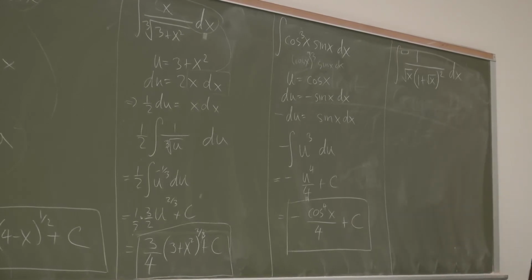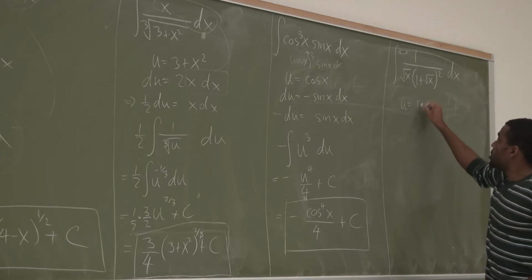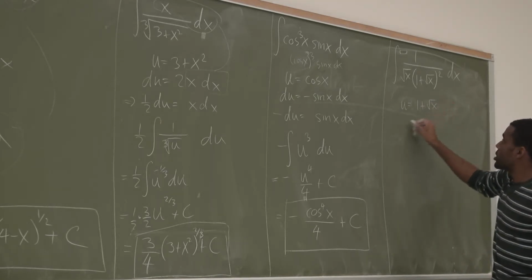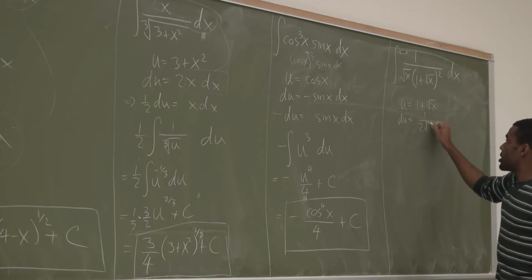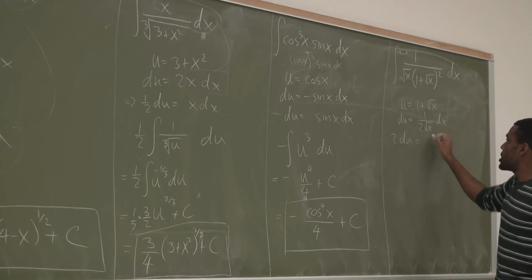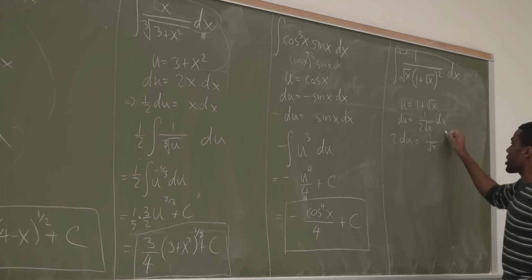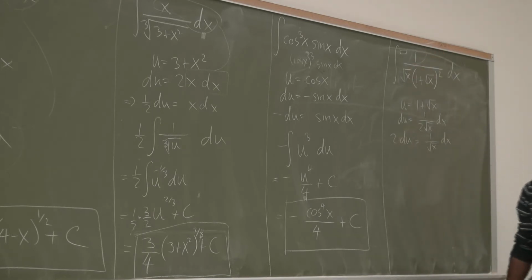What's a good u for this one? Let's choose 1 plus radical x. u equals 1 plus radical x. So your du would be equal to what? 1 over 2 radical x dx. Which means 2 du gives me that 1 over radical x dx, which I see right here as a factor.